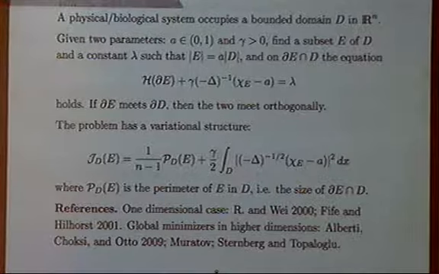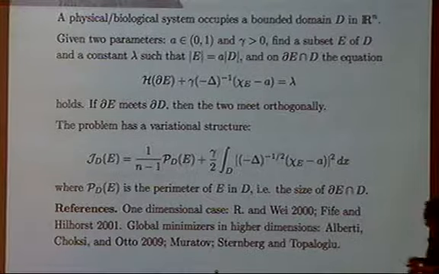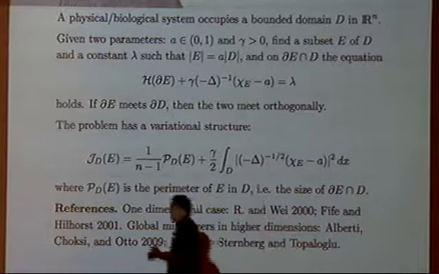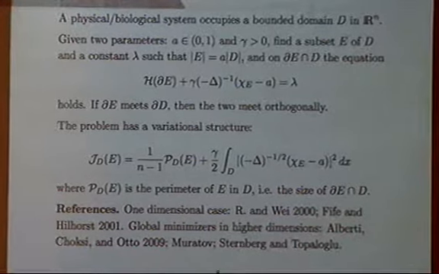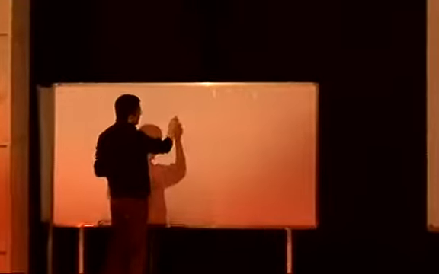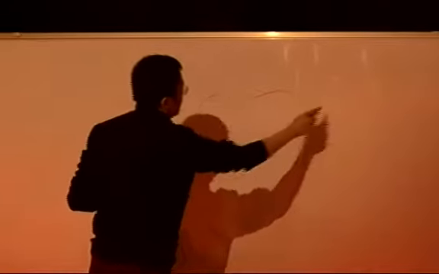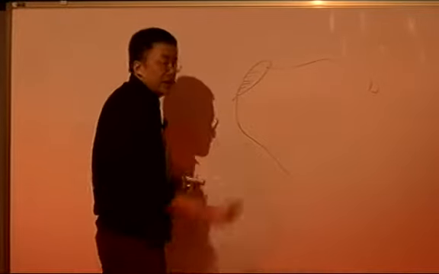And also it's possible that this set E meets the boundary of the domain. So you could have this situation. Say here is your domain D, and your E can be, well, it can have multiple components. It doesn't have to be connected.